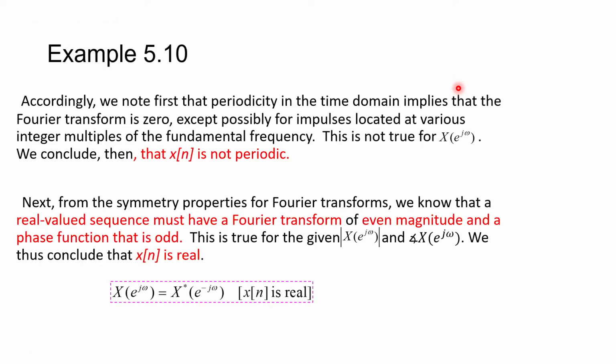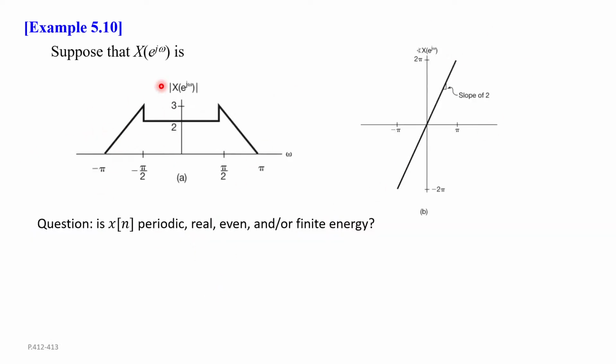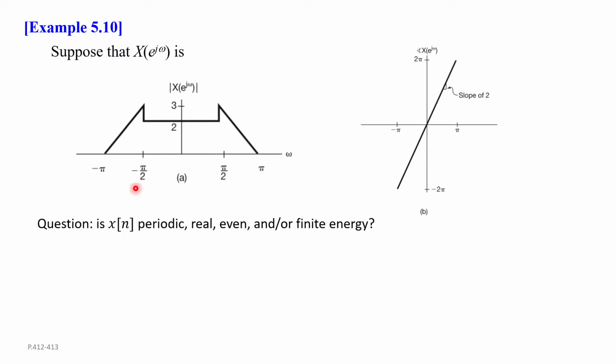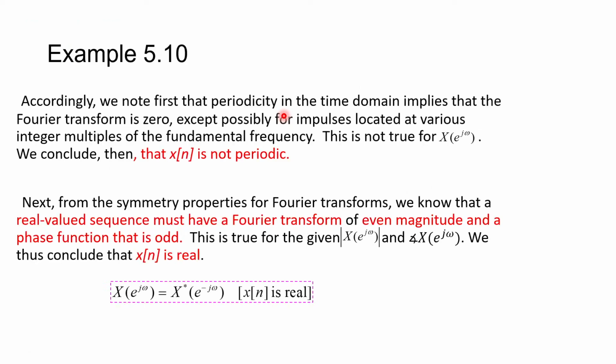So when you do this conjugation and then negation of frequency, the angle will change back. Also, the magnitude doesn't change under conjugation, and because it is an even function, it doesn't change under negation of frequency either. So both of these things don't change, so this whole function doesn't change, and that means that your x[n] is real.